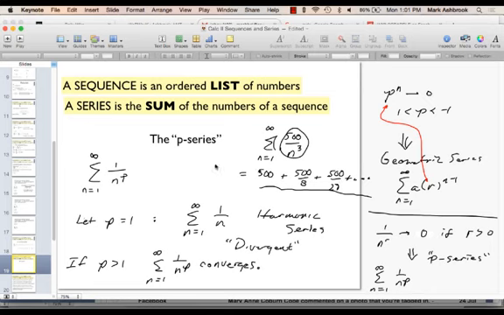So maybe a better example of this, maybe just 1 over n to the 4th. So what is it? It's 1 over 1 plus 1 over 2 to the 4th plus 1 over 3 to the 4th. Right? So how can we get an estimate for what that is?